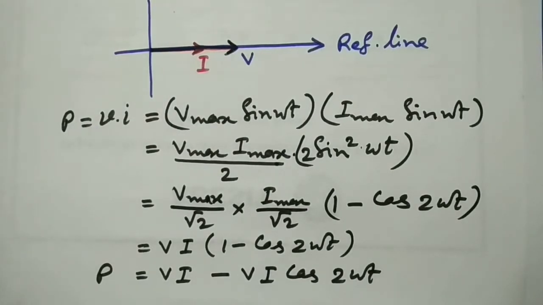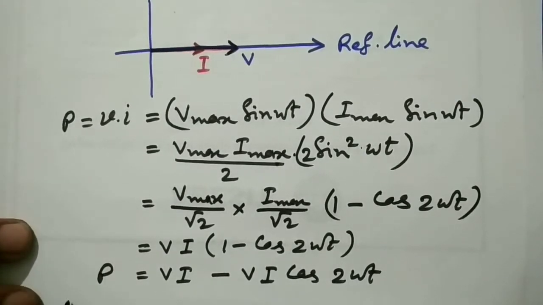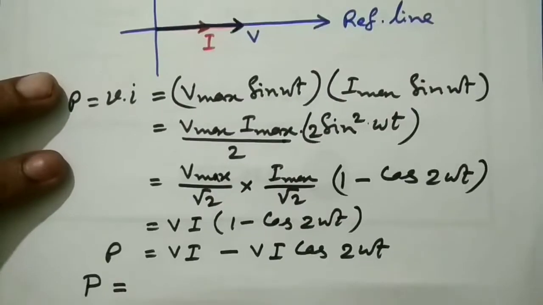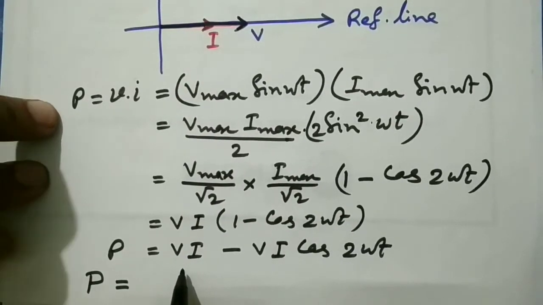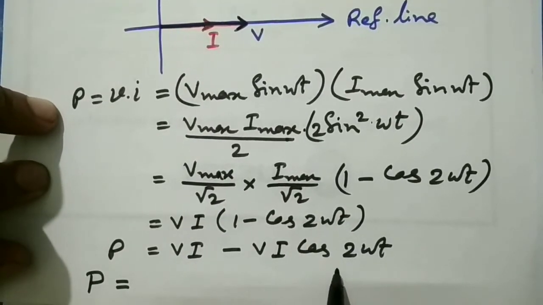Remember one thing, when we consider the power, we consider the average value of the power over a complete cycle. Therefore, the average power represented by capital P will be the average of the first part and the average of the second part.